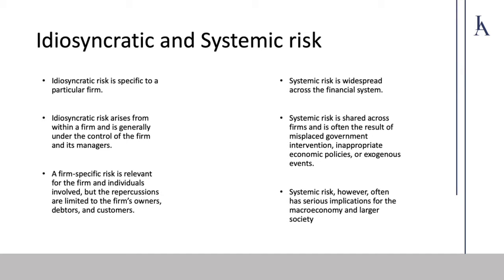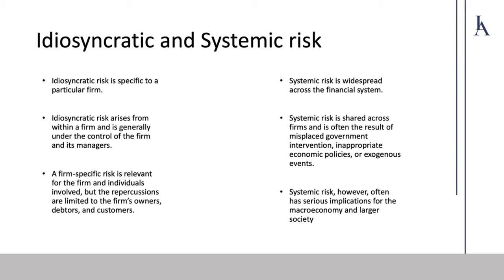There are two types of risks: idiosyncratic and systemic, or we can call them beta or market-wide risks. Beta and market-wide risks are usually measured with CAPM, the capital asset pricing model, which is not perfect but is a generally accepted tool to measure the risk of the portfolio.